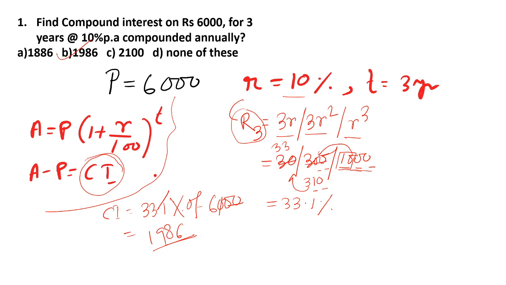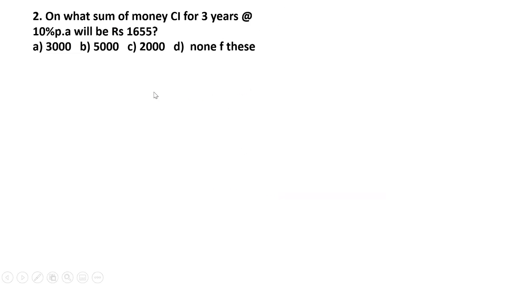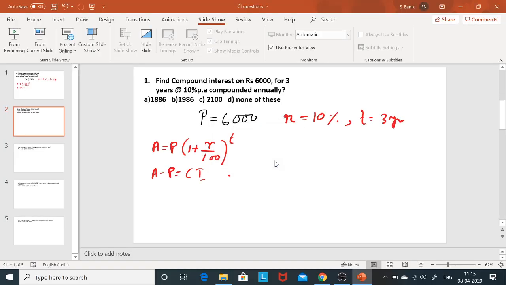So 300 plus 10 is 310, and again there must be 2 digits here, so 3 will be carried forward, so it is 33, that is 33.1 percent. Your compound interest will be 33.1 percent of your principal. Hope you have understood this method. Now if you want to solve it another way, you can also solve it in another way.